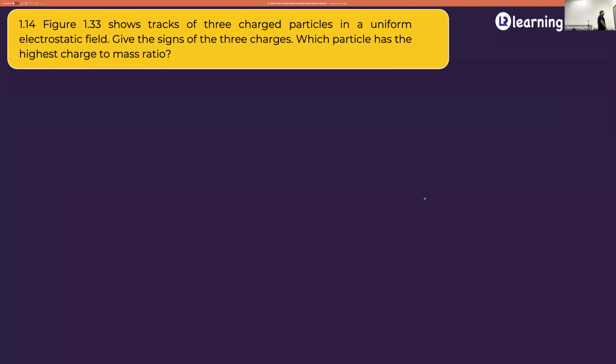Figure 1.33 shows tracks of 3. I need the textbook now. Just show it to me once. Positive charge, negative charge, trajectory of 1, 2, and 3. Positive charge, negative charge.